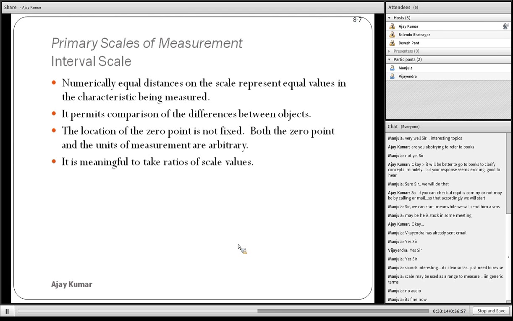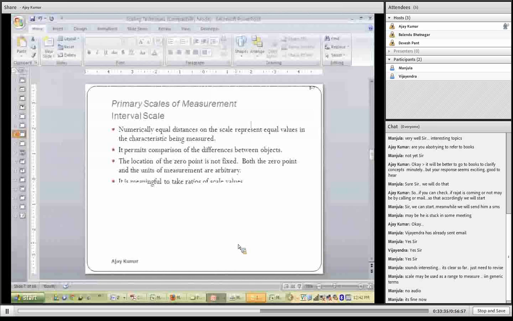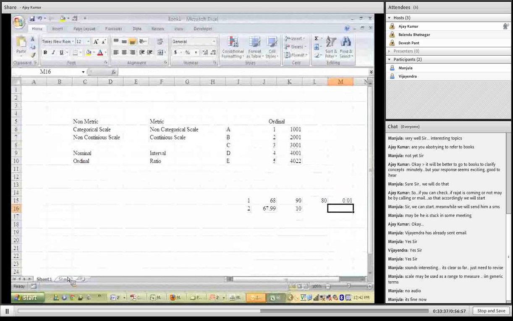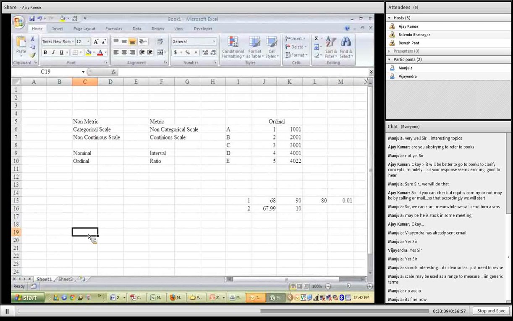Now this has to be understood well. It does not only tell us which one is better, but it also tells us by how much he is better than someone else. So if I go back to this Excel, to this column, in interval scale I would say 1, 2, 3, 4, and 5.